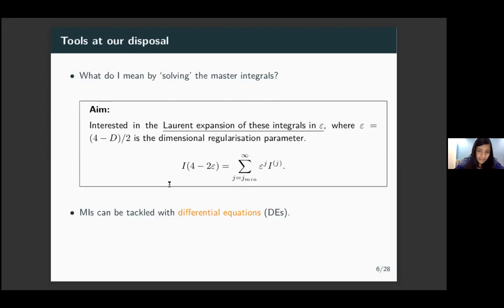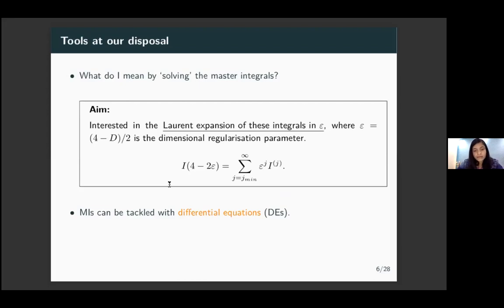For example, in my case, I have S and T. I can derivate them with respect to S and T, and then solve this differential equation for each of these master integrals by providing the boundary constant. And it's as simple as that, basically. So you get the differential equation, you solve it by providing a boundary constant. It looks very simple, basically.